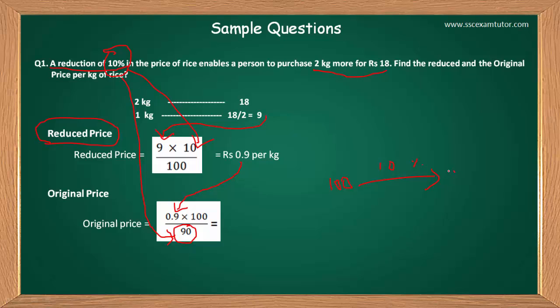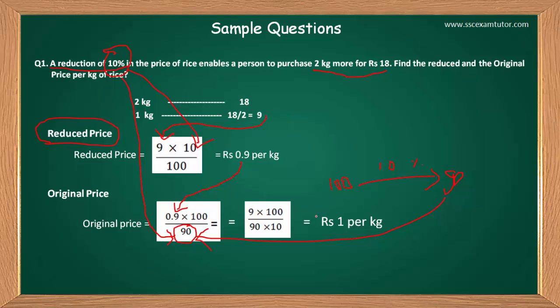So at the end you will be left with 90%, 90. Okay, so this is the 90. Now solve this and you will get the original price, that is rupees 1 per kg.